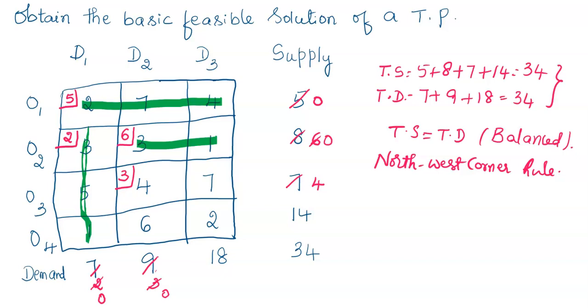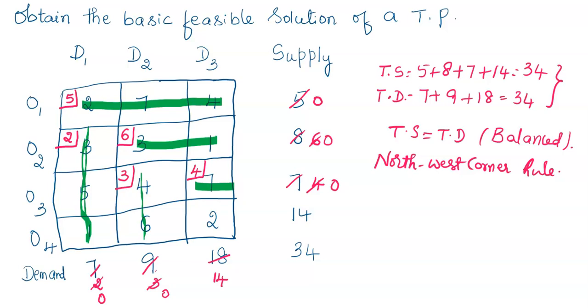Therefore you have to delete this column. Next, in the remaining cells, we have to observe which comes to the northwest corner. So 7 comes to the northwest corner. You have to observe whether supply is lesser or demand is lesser. So supply is lesser, you have to consider that in the cost cell. And 4 minus 4 is 0. So 18 minus 4 is 14. Whichever makes a 0, you have to delete that.